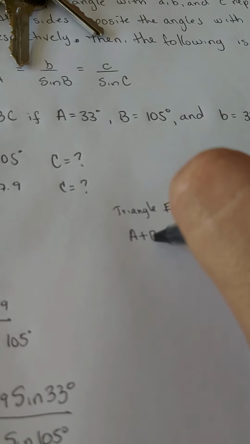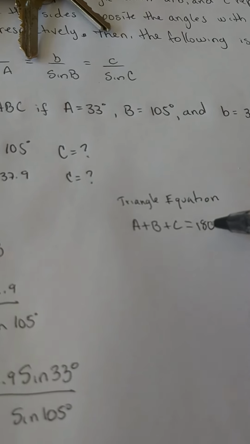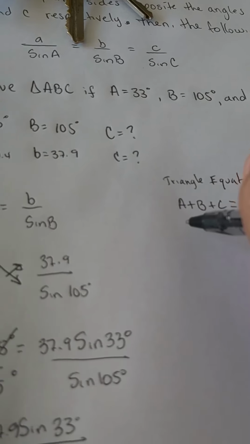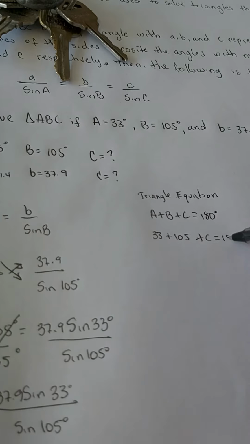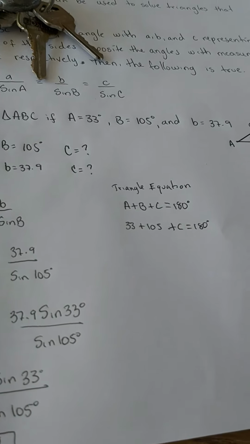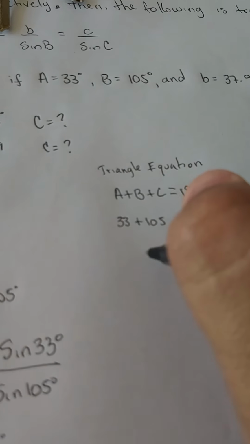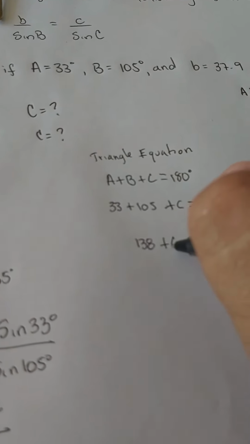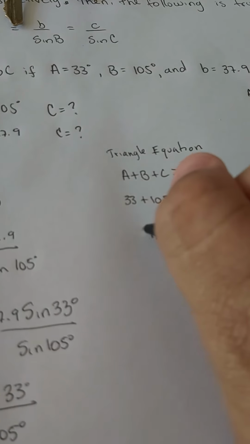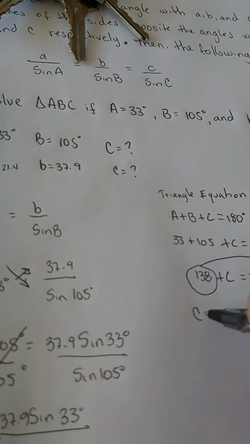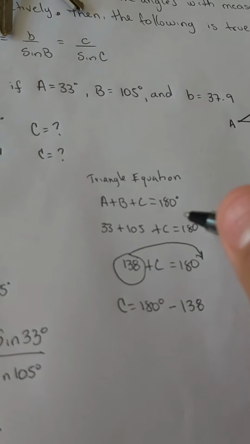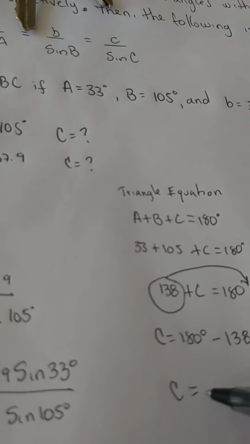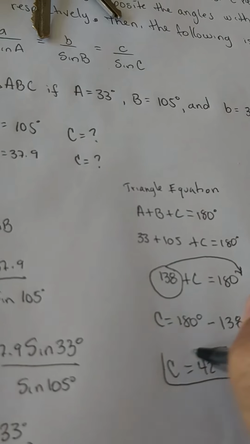Angle A plus angle B plus angle C equals 180 degrees. 33 plus 105 plus C equals 180 degrees. 33 plus 105, that's 138, plus C equals 180. C equals 180 minus 138. So that means C equals 42 degrees.